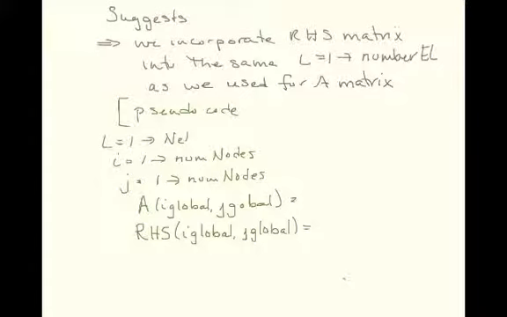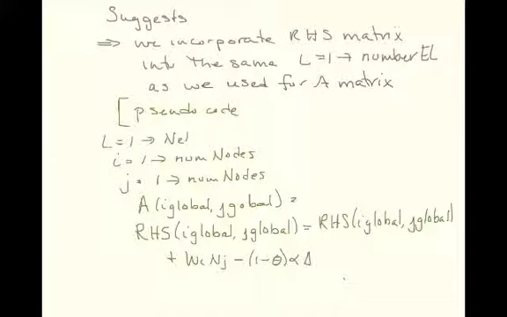Just as before, because we're summing, we need to have right-hand side of I global, J global, plus Wi and J minus 1 minus theta. And when you go to write your code, you can rearrange these minus signs as you wish. Just make sure that you've got the right sign, or you'll get the wrong result.